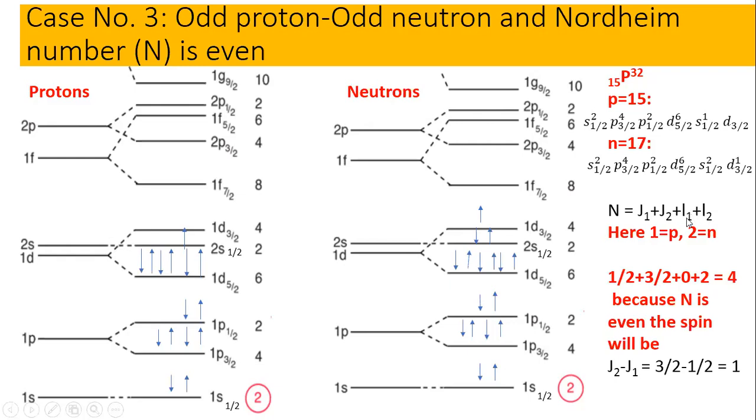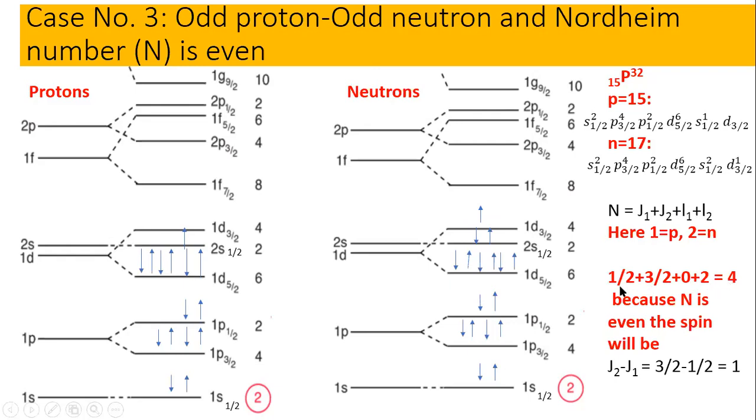Now move to the angular quantum number L1. L1 for the proton: it is present in the S subshell, and the value of L for the S subshell is 0. Now move to the neutron. It is present in the D subshell, and the value of L for D is 2.